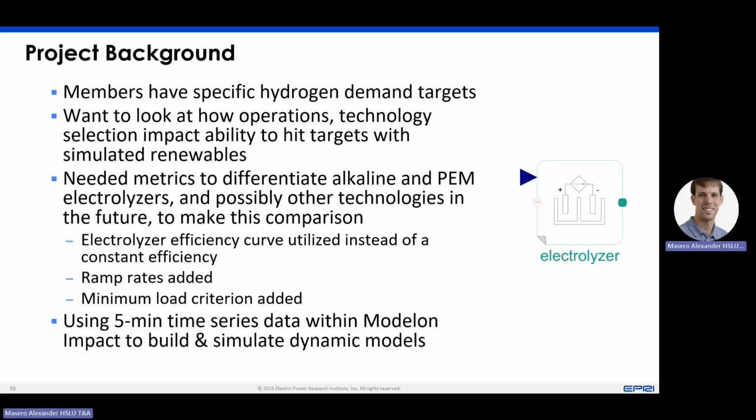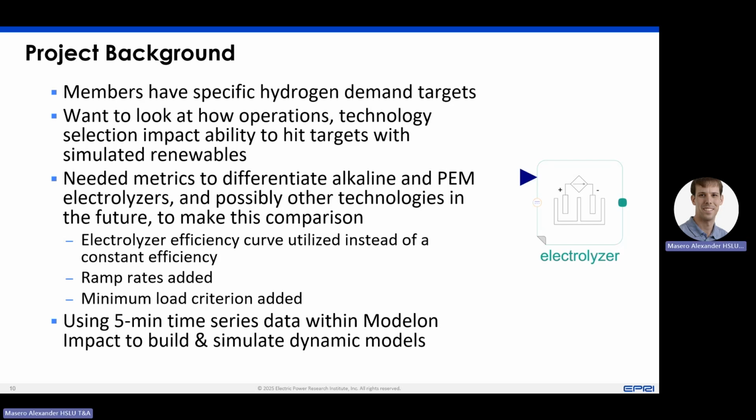And so as we were building these models, we realized that there wasn't a great way to compare these two technologies in the pre-built libraries in Modelon that we were using. We needed to add a couple extra functions, and the members wanted to know this information yesterday. So suddenly we found ourselves becoming Modelica developers and get to be in front of you guys here today as a result.